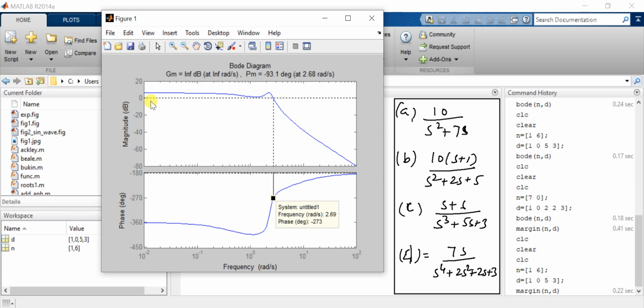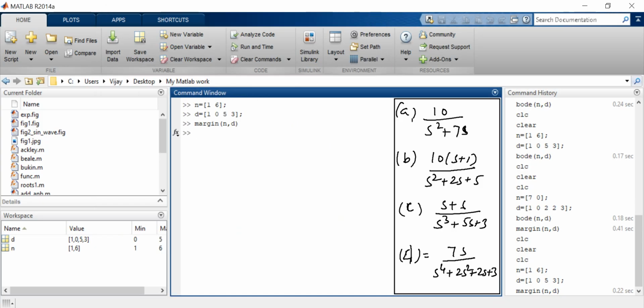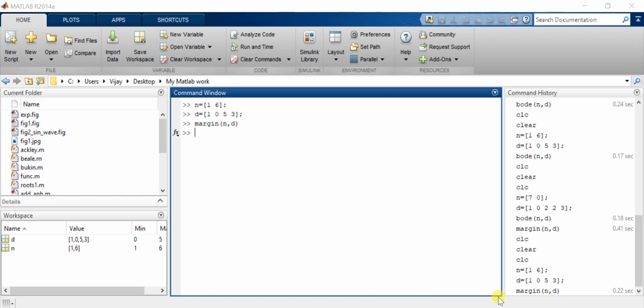All these are defined on the top of the graph. That is, gain margin is infinite at infinite radian per second, and phase margin is minus 93.1 degree at 2.68 radian per second. I hope this Bode plot is clear to you, and how to find the gain margin and phase margin. I think this is one of the simplest topics in MATLAB.